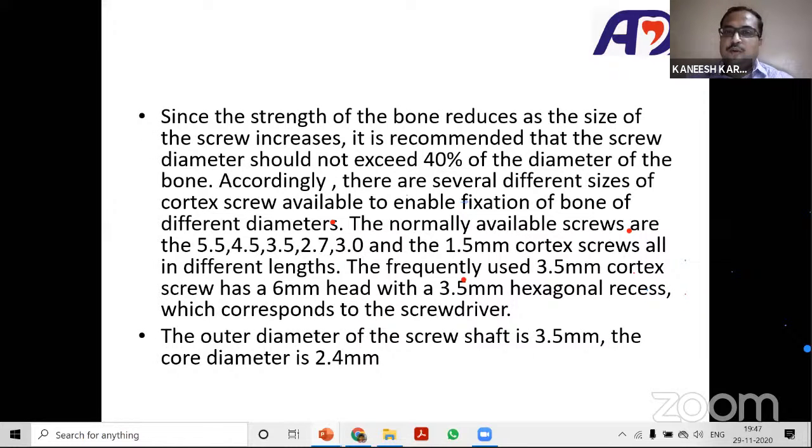Since the strength of the bone reduces as the size of the screw increases, it is recommended that the screw diameter should not exceed 40% of the diameter of the bone. Accordingly, there are several different sizes of cortex screw available to enable fixation of bone of different diameters. We usually use 1.5 mm, 2 mm or 2.5 mm. Those are the normal sizes that are used.